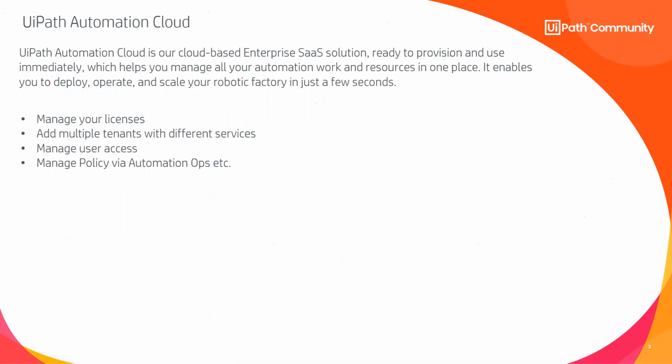And one great feature it provides at the end is creating groups, right? There would be scenarios where you will group your users. For example, you want to group all your citizen developers into one group so that you can manage their access and their policies centrally. So you'll create a group in the cloud and then add users to that group. Same way, you can create policies to apply to a group.